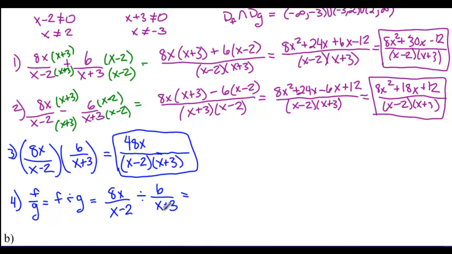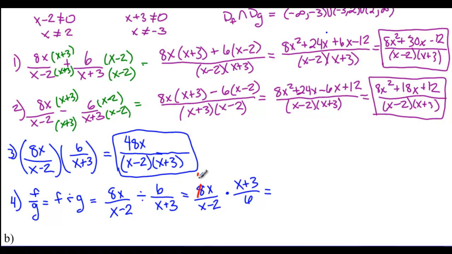And because we're dividing by a fraction, we're going to remember keep, change, flip. So we're going to keep the first the same. We're going to change from divide to multiply. And we're going to flip that second rational expression over. And if we look, we can actually do a little bit of reducing right here. So hopefully you see that this 8 and this 6 will reduce.